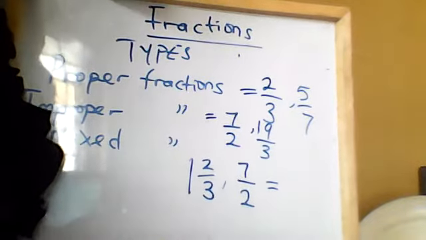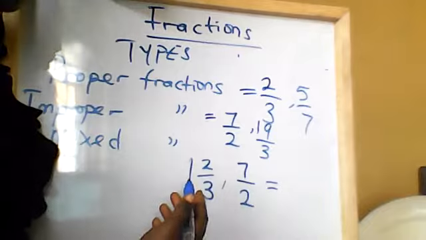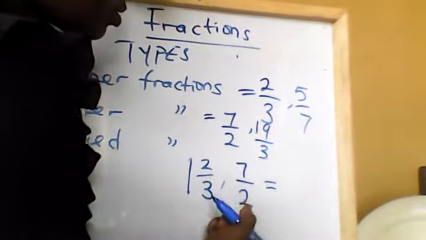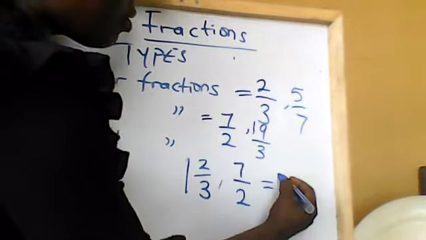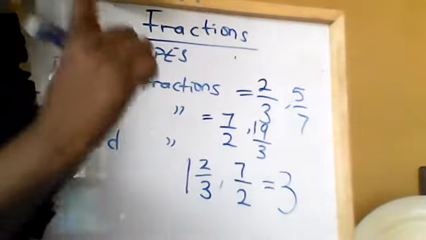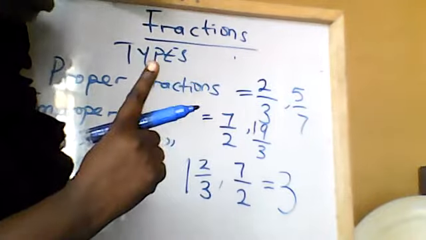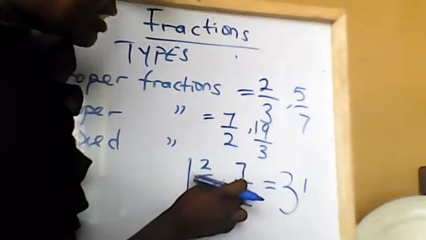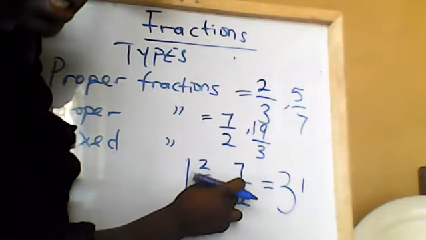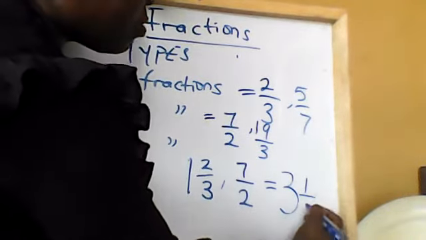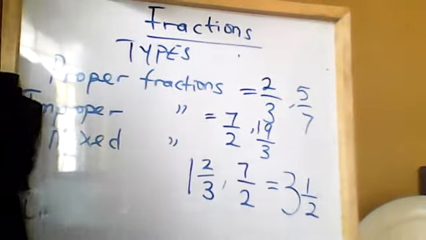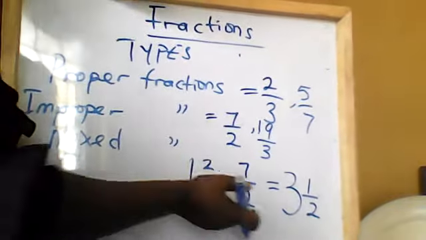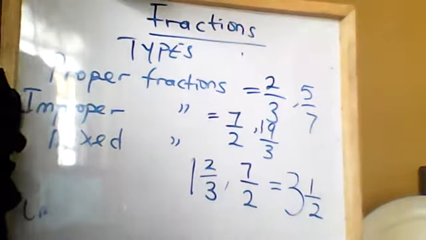I will find 3 2's. So 2 will go in 7 3 times with a remainder of 1. So I write the remainder and then the divisor. 2 was the divisor. So 1 over 2. This way I have normalized this improper fraction to get this mixed fraction.